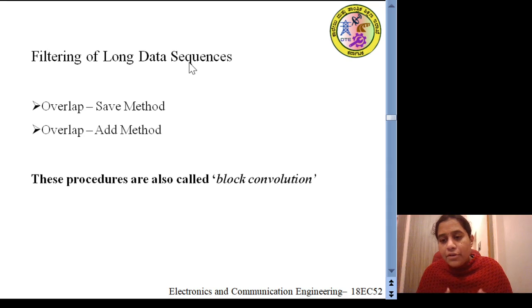After dividing into blocks, we convolve with the system impulse response, and the blocks of convolved output we get will be overlapped, and then we do the saving operation or adding operation depending upon the requirement. Hence these two procedures are called block convolution, because we are doing this block by block. And as in these two methods the values of the input signal are first segmented into blocks, this procedure is also known as segmentation convolution.